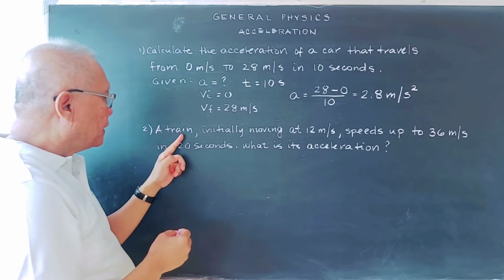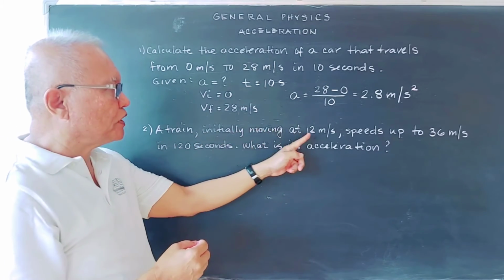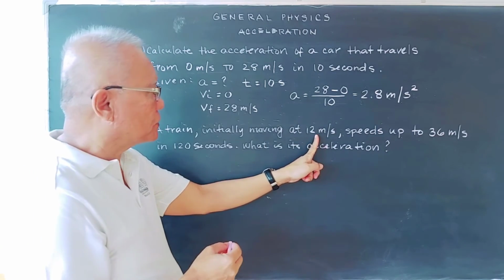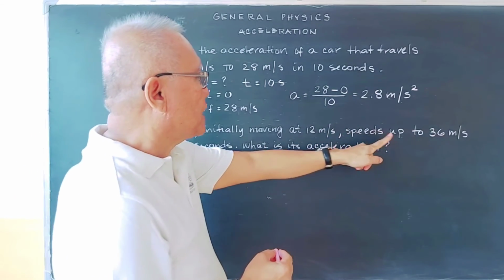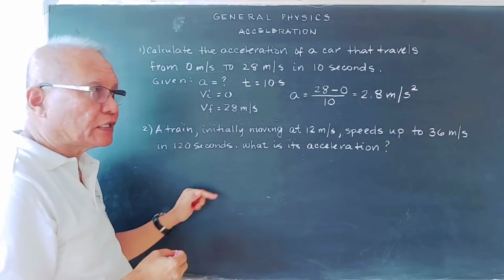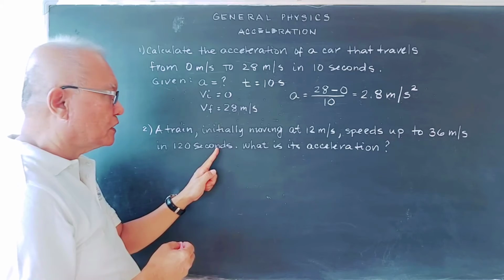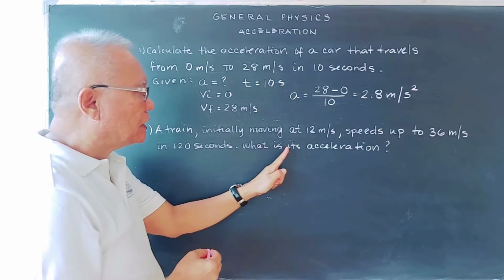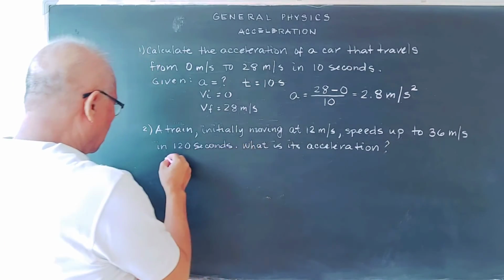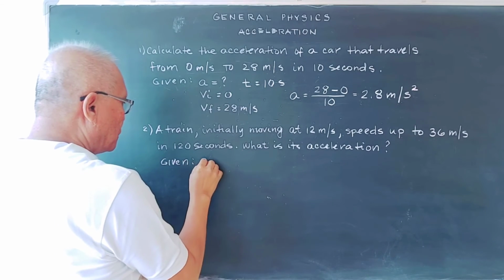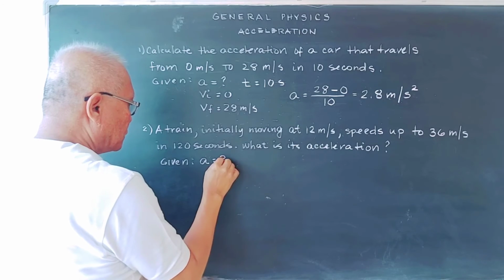Number 2: a train initially moving at 12 meters per second. This one is our initial velocity. Speeds up to 36 meters per second. That's the final velocity in 120 seconds. So this one is our time. So what is its acceleration? In our given here, our acceleration is the unknown.